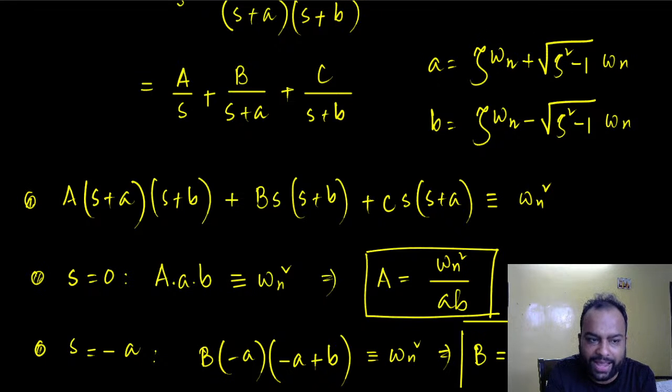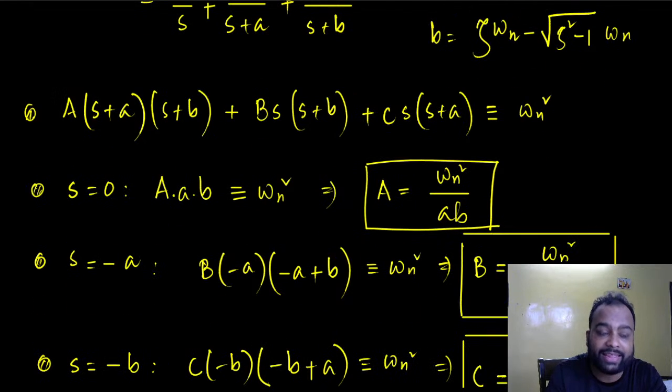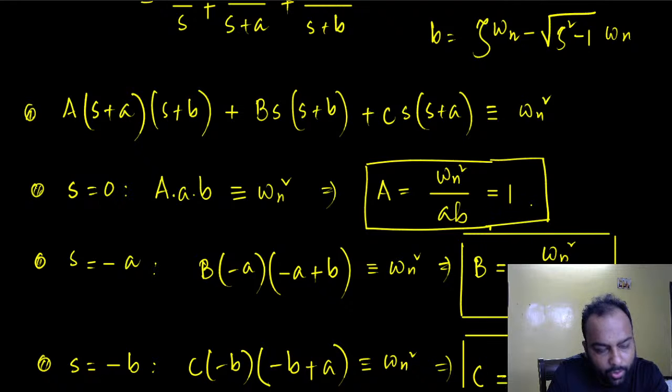So zeta square omega n square minus this whole thing: zeta square omega n square minus zeta square omega n square plus omega n square. You can verify that AB is essentially omega n square, and because of that, this capital A is going to be 1.